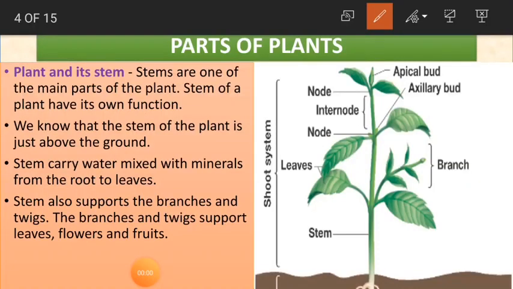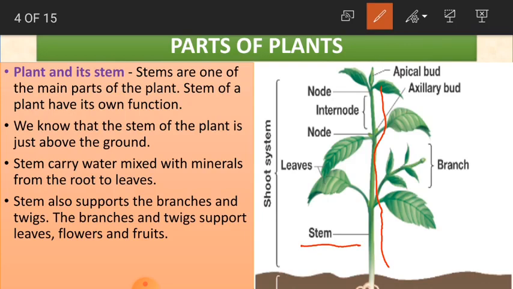Yes, children, now we are going to learn another part of the plant, that is the stem. What is a stem, children? See, in the diagram you can see very clearly, this part is known as the stem. The stem is one of the main parts of the plant. Like we had roots, that was also main, and now the stem. This is also very important.